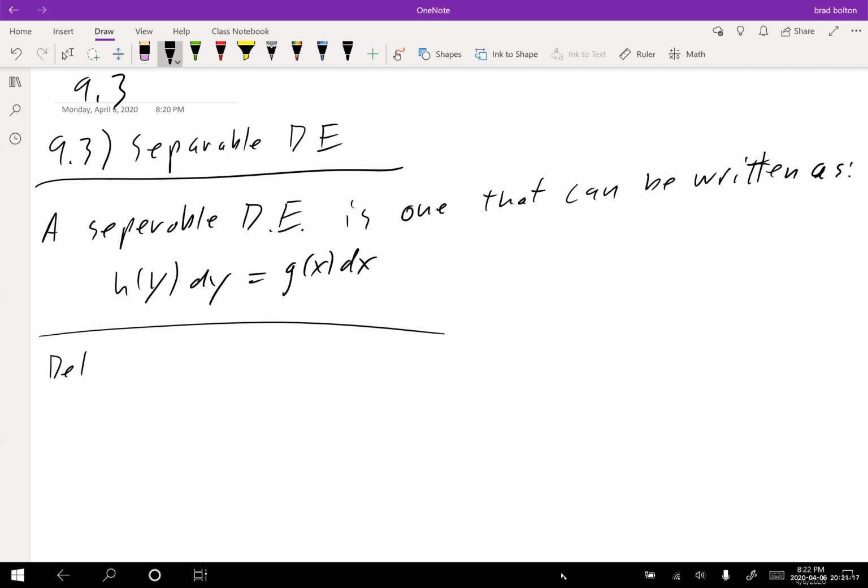So determine if the following are separable. Sorry about that, you guys.